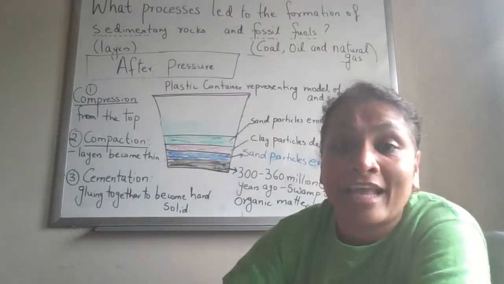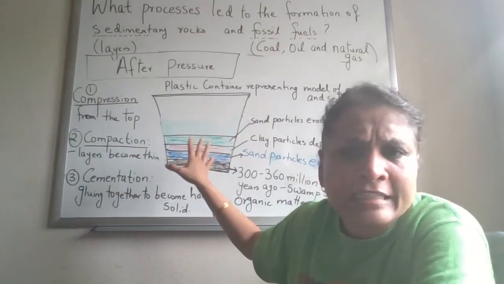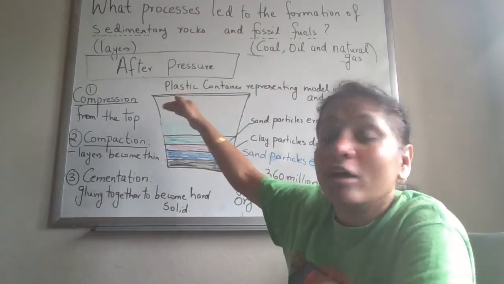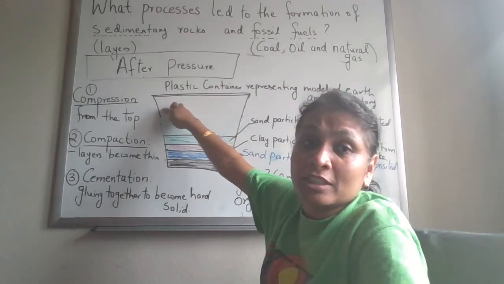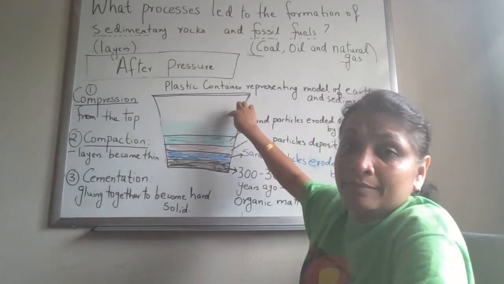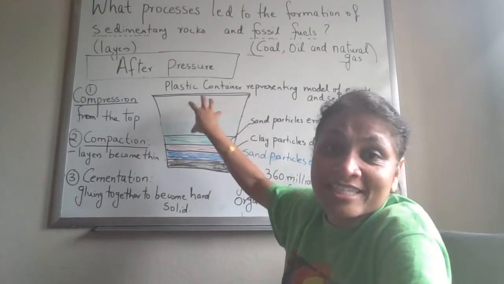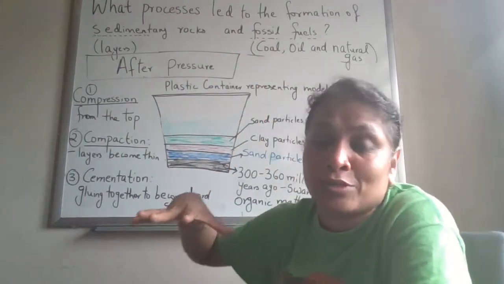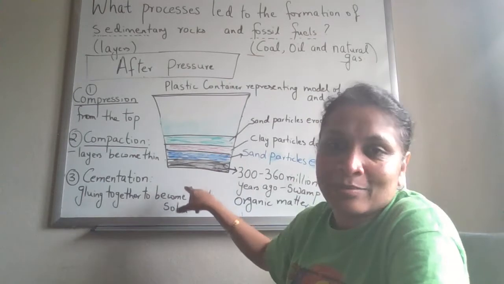How is oil and natural gas formed? Exactly same process. However, in that case, we're talking about more pressure. So you think about it, on top of it will be ocean. Okay, a huge ocean is sitting on top of these layers also. So the pressure of that water also goes on top of these sediments.